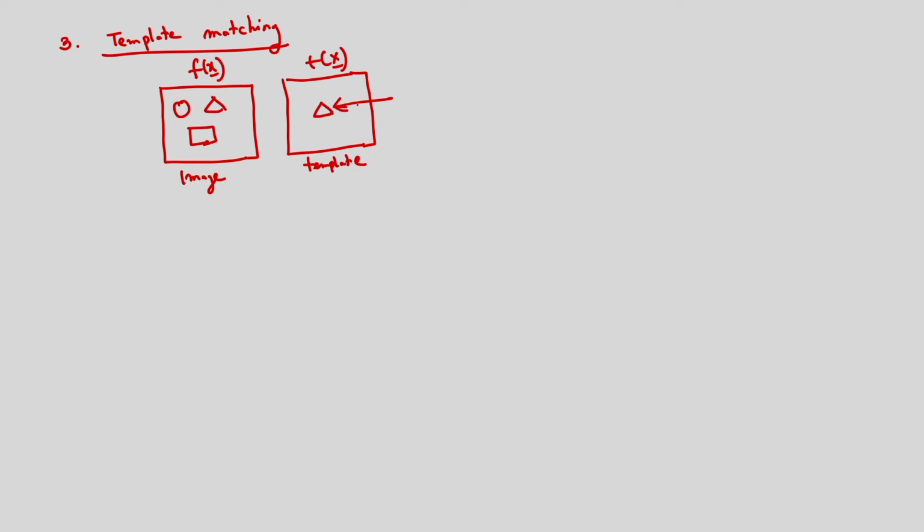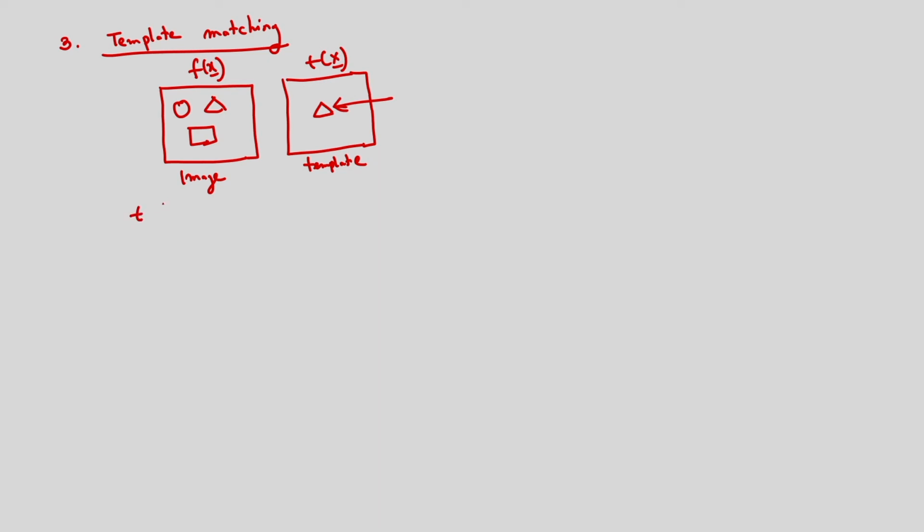So, whether that particular object is available in the image or not, I want to determine, and that is template matching. So, for this what I have to do, the template is moved over the image, and in this case I have to do the overlapping. At a particular point, suppose this template is matching with the particular object, then in this case I have to find the maximum overlap. So, for this I have to do the shifting of the template.